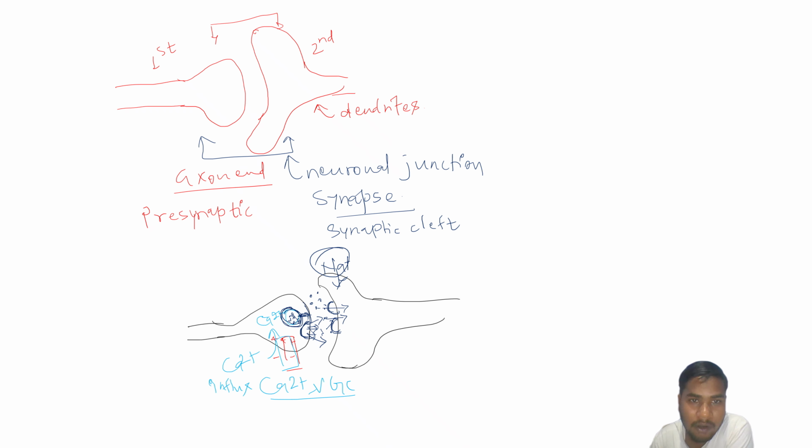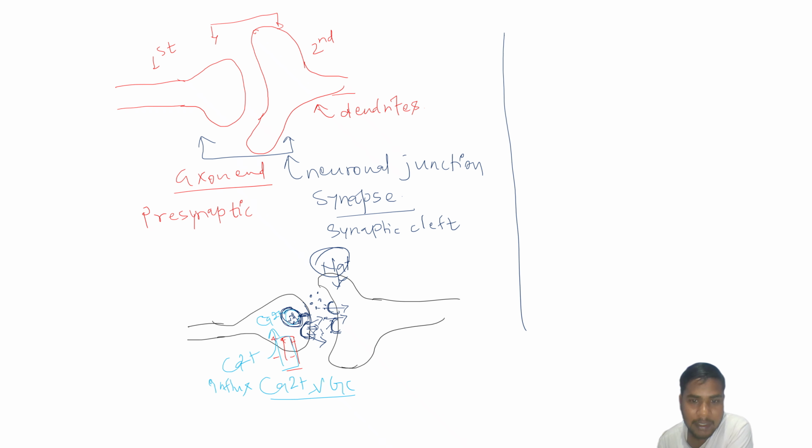So this is the overall anatomy and physiology of the synapse and the nerve impulse transmission across neurons. Next point is: what kind of synapses are there?